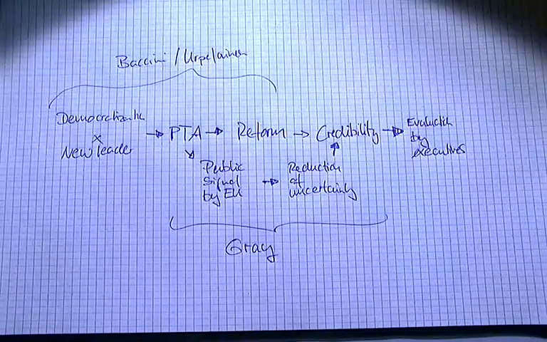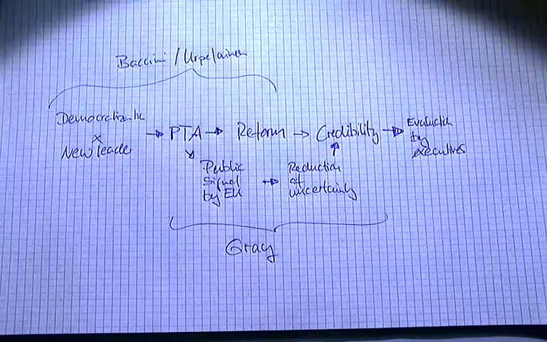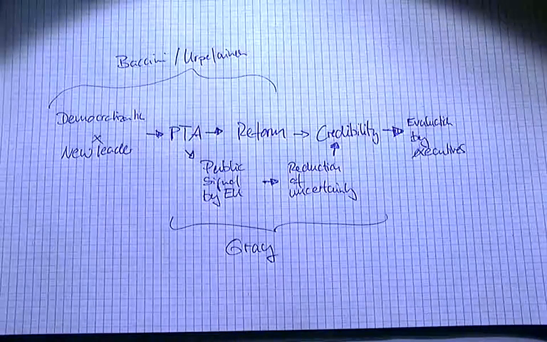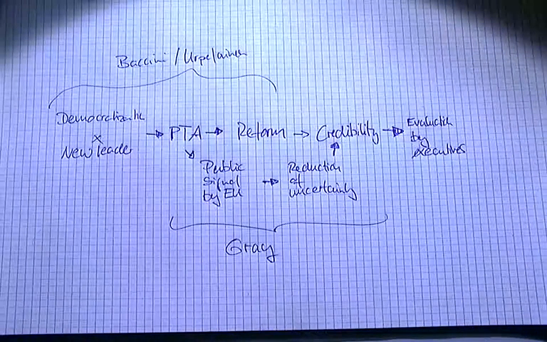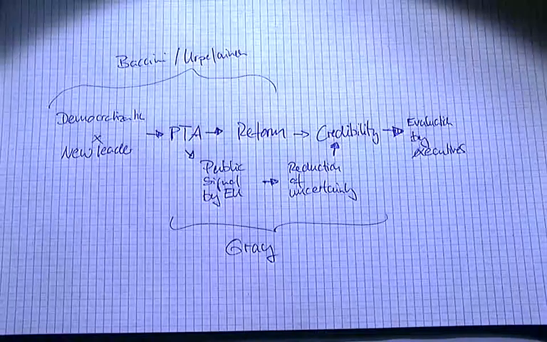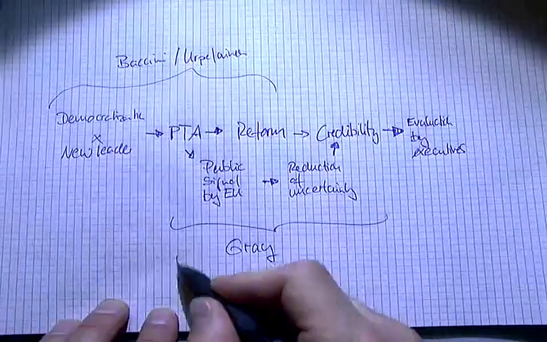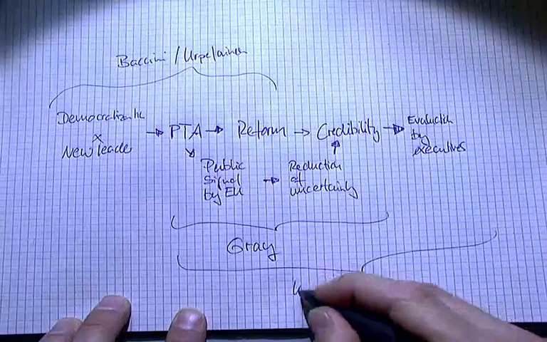So if you have a PTA, credibility increases, especially if you get a signal from the EU that it's all fine, and that leads to better evaluation by firm executives. So this is Kenyon and Margalit.